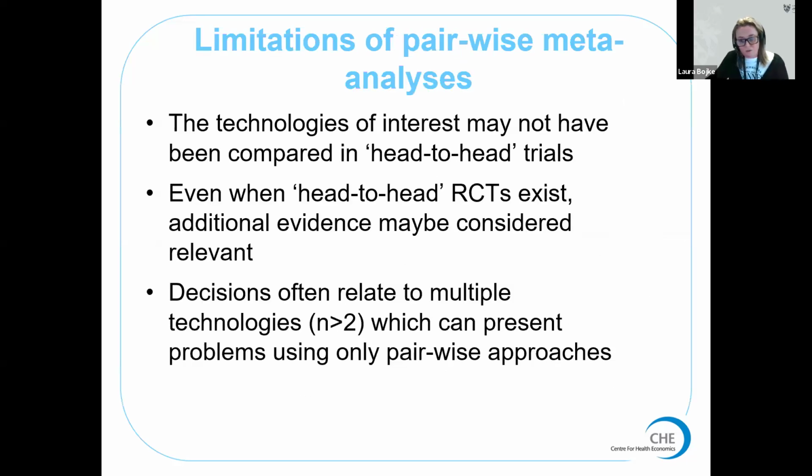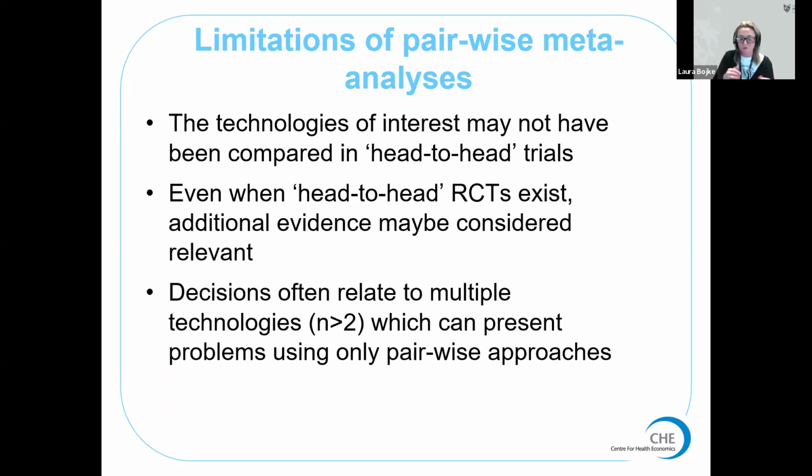So thus far, we've been concerned with head-to-head trials for a single parameter. This is the next step forward, I guess, in terms of complexity. Now, it may be the case that the technologies of interest haven't been compared in a head-to-head trial, or there may be a head-to-head trial that exists, but additional evidence might be considered relevant as well.